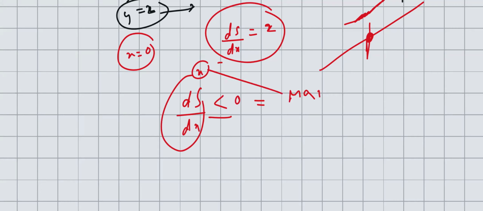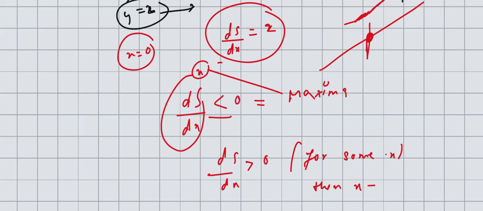Understood? And if ds by dx is greater than 0 for some x, then x is a minimum. Is that clear?